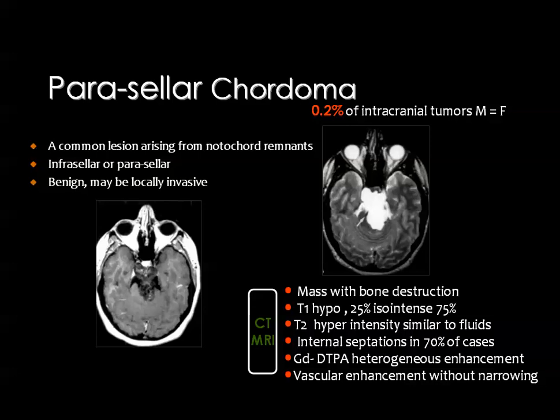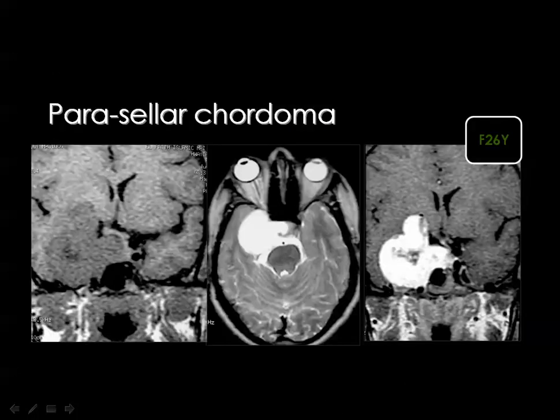You also remember that chordomas usually show a fluid-like signal in the T2 weighted image, and this is one of the helpful diagnostic criteria. In the T1, you see a lesion of mixed signal intensity, and in the T2 weighted image, you see hyperintensity similar to fluids. And if you inject a contrast, the lesion will show heterogeneous pattern of contrast enhancement.